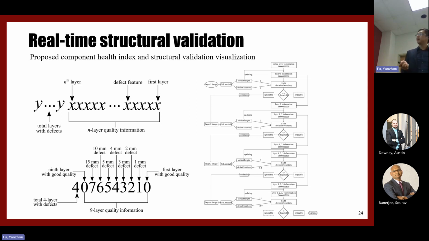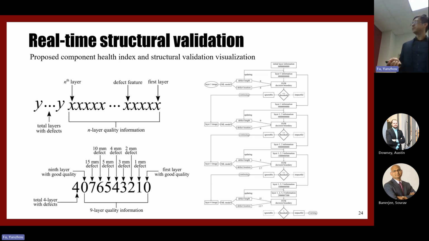So here is an example with more details. The digit location means the layer number. We assign different features to each layer to indicate each layer's quality.